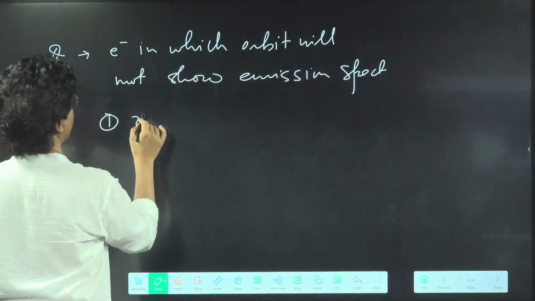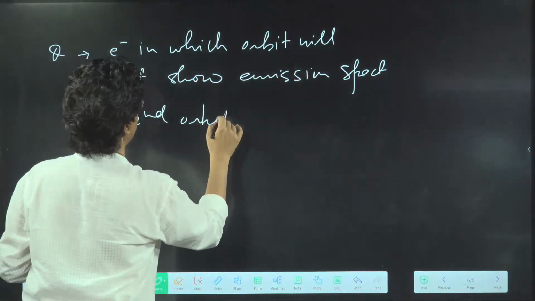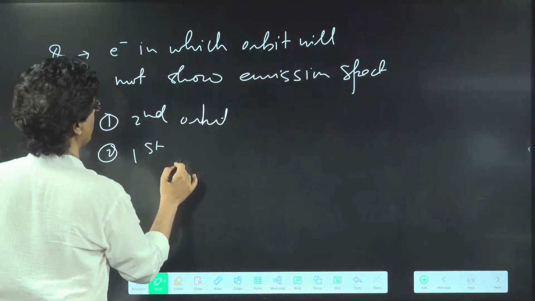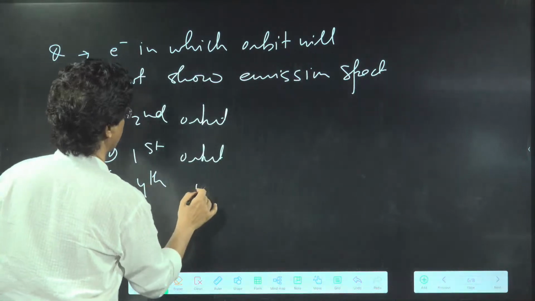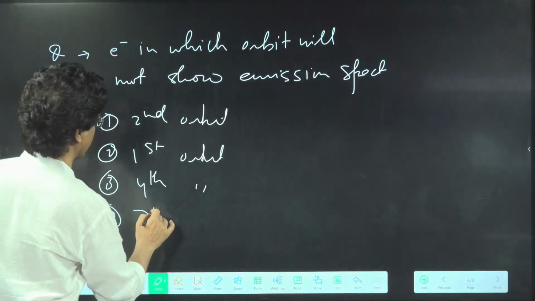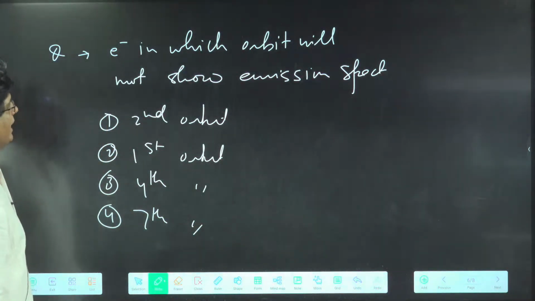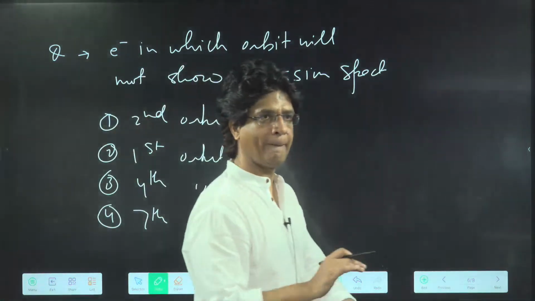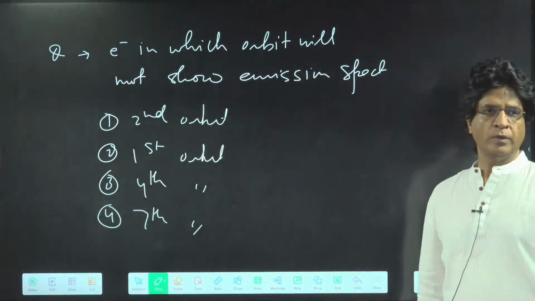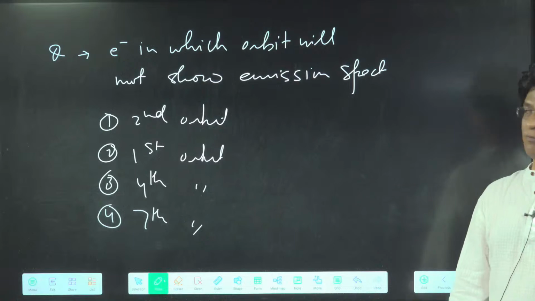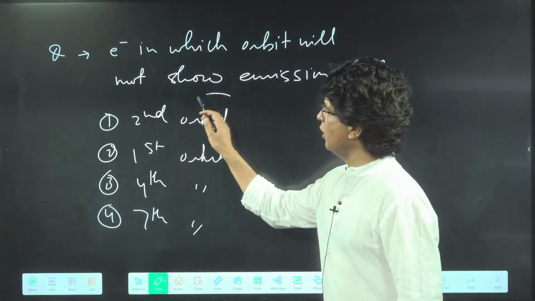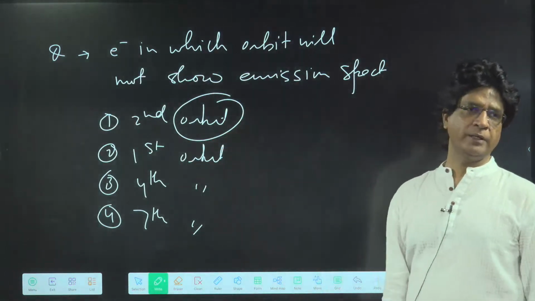First, second orbit, first orbit, third, fourth orbit, or seventh orbit? In which orbit will the electron not show emission spectrum? Come on. Is the answer the first? Name the orbit.